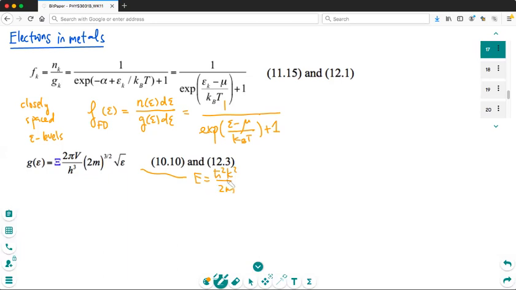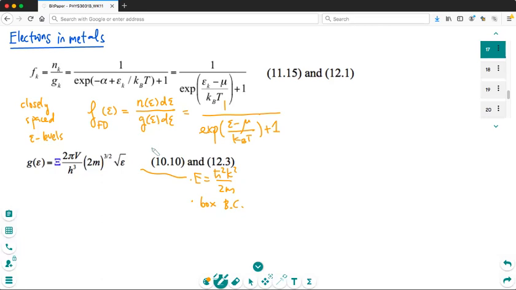Then we take the particle in the box problem, analyze it, and use the box boundary condition, and after quite a few lines we obtain this. It's not something new here.